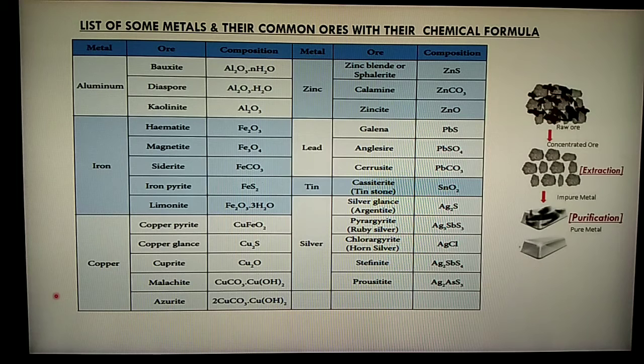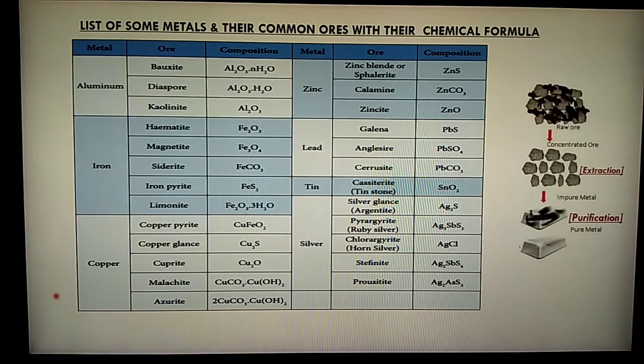When we introduce a mineral into the metallurgical process, we get a maximum percentage of a pure metal. Such a mineral is called an ore. Here we have different types of ores available, and these types depend upon the chalcogens.